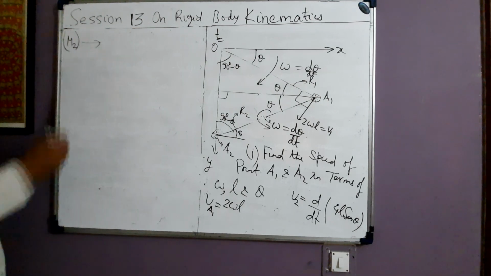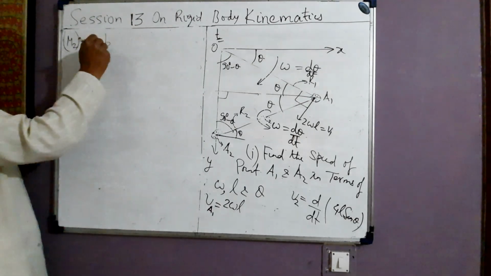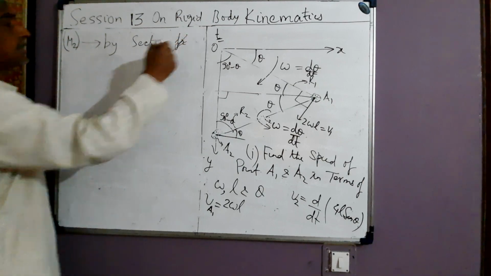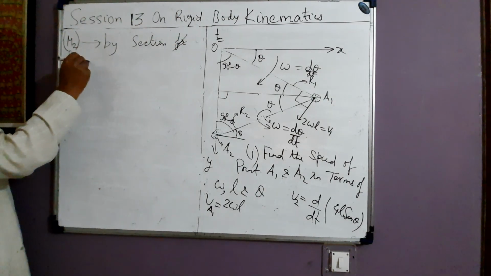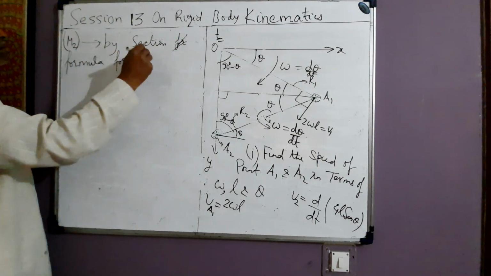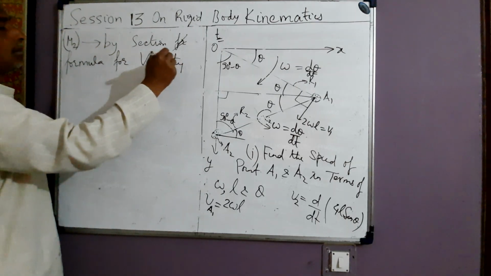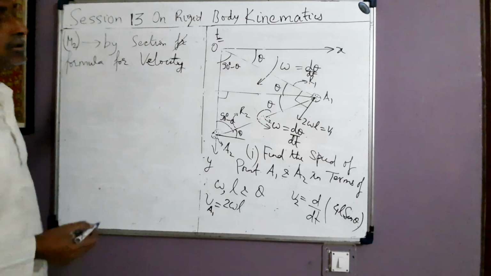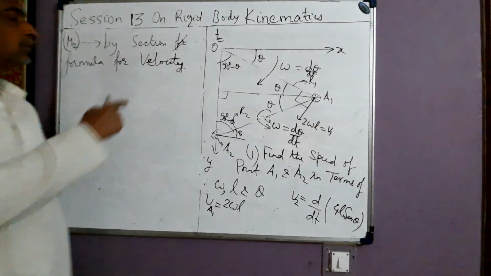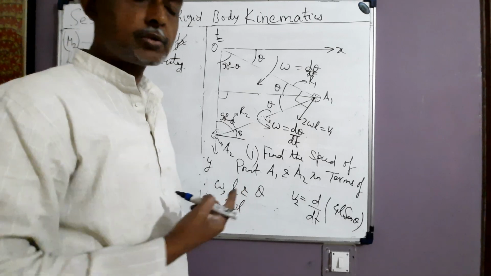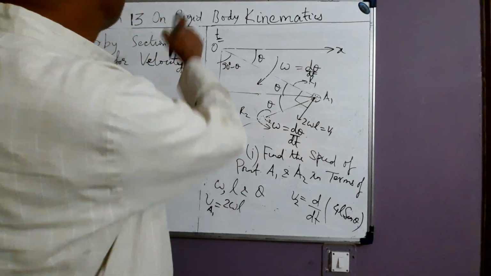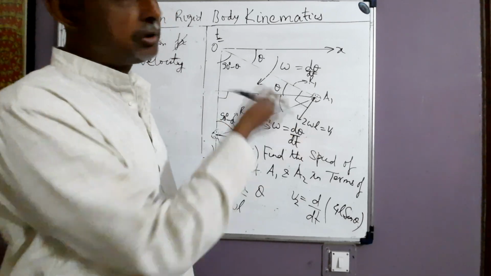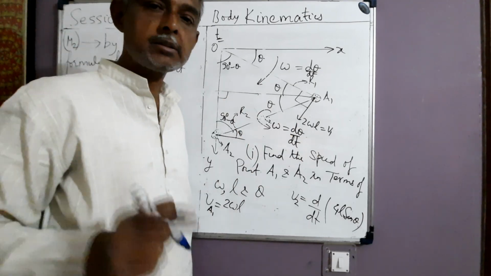Method 2 is by section formula for velocity. Now, the theory of this section formula for velocity has been discussed in the 12th video on rigid body kinematics. In case you have doubt about the theory of this method, you can refer to the 12th video, the previous video of rigid body kinematics. There you will get it.